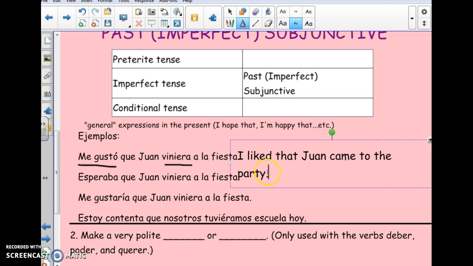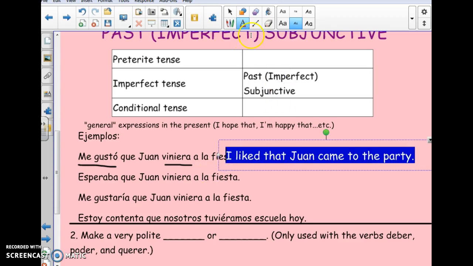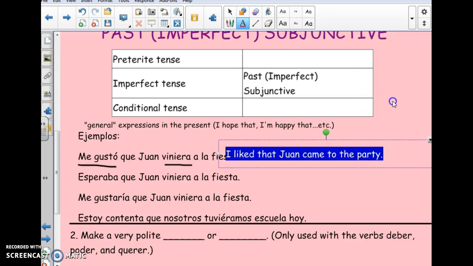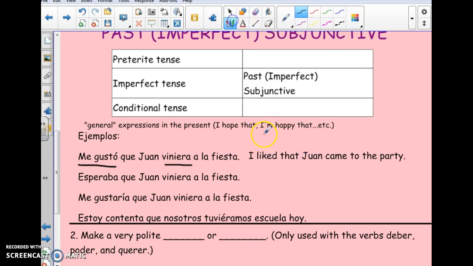Now notice both of those things are in the past. Again, you have the preterite, and then the second half of that is the imperfect subjunctive.